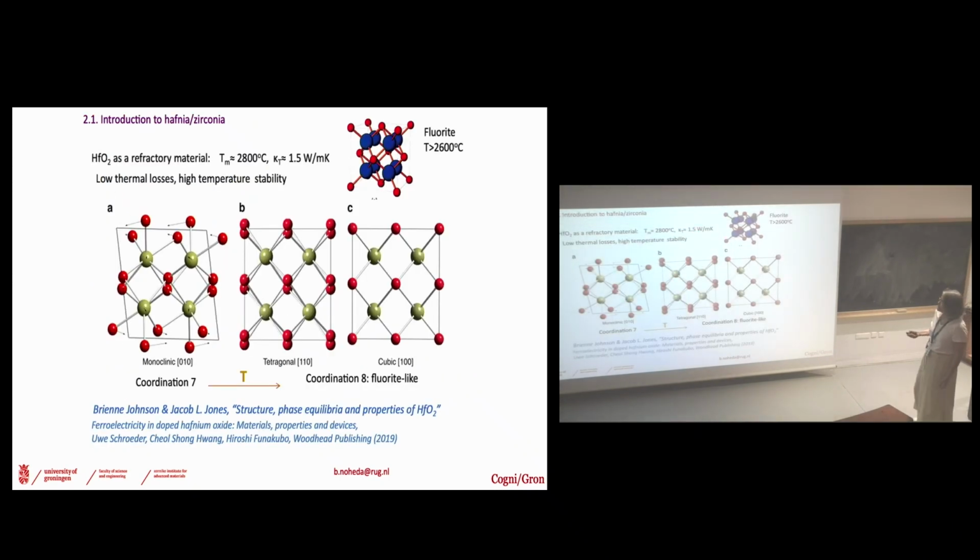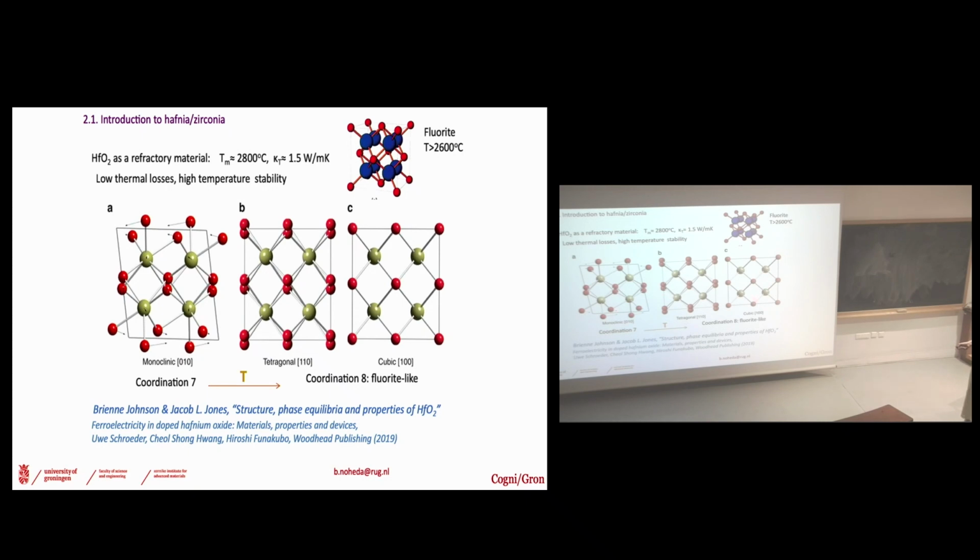Now, before hafnia was used in transistors as an amorphous layer, as a crystal, it was known simply as a refractory material, not very interesting. It's very stable at very, very high temperatures, so it was used in high temperature applications. And what was known about the crystal of hafnia is that the ground state is monoclinic. Then when you increase the temperature, I will show you later, there is a phase transition, but at very high temperatures, to a tetragonal phase, and eventually also to a cubic phase, at even higher temperatures.